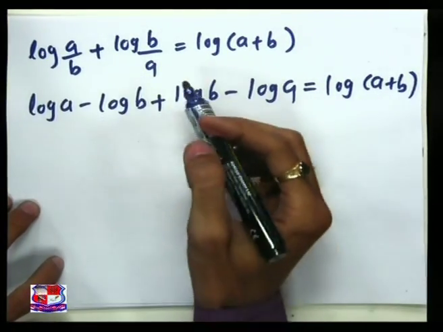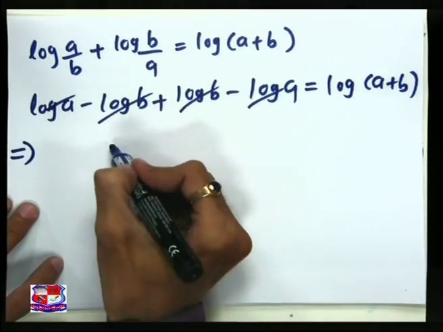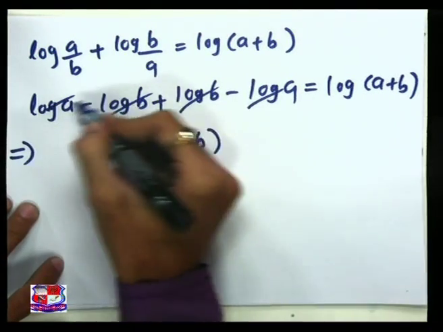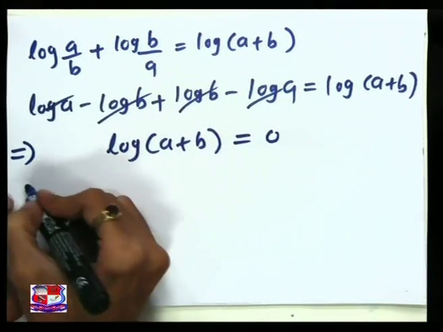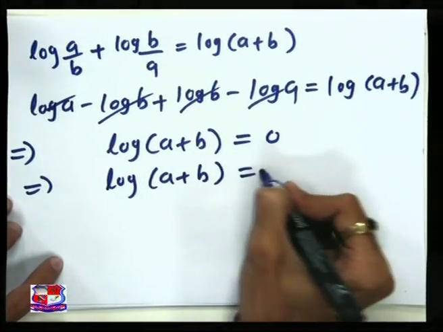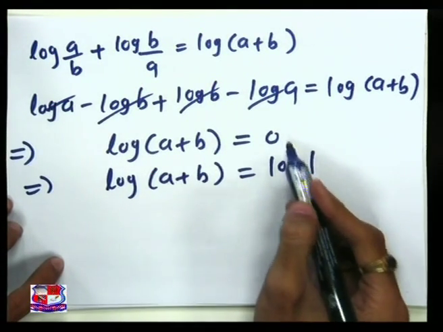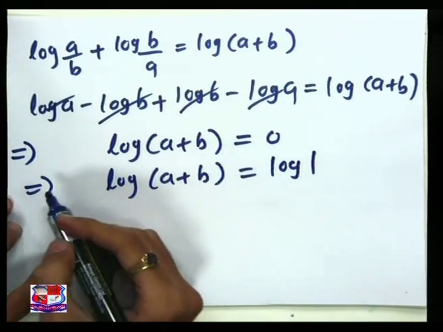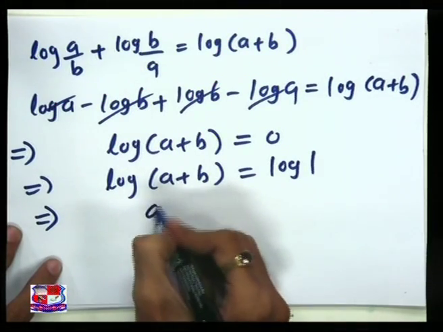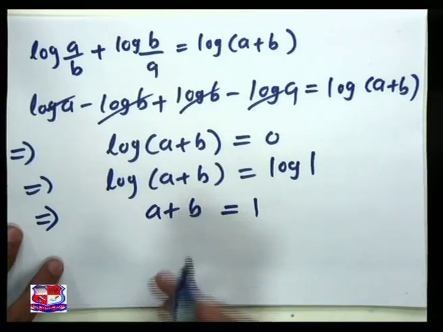The minus and plus cancel out, so we get log a plus b on the right-hand side, and that is equal to 0. And we all know that log 1 is equal to 0, so we can put 0 equal to log 1. If we cancel out the log, or take anti-logarithms on both sides, then we will get a plus b is equal to 1. So this is our answer.